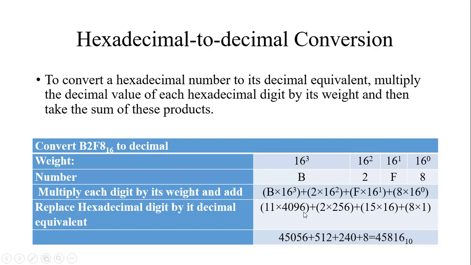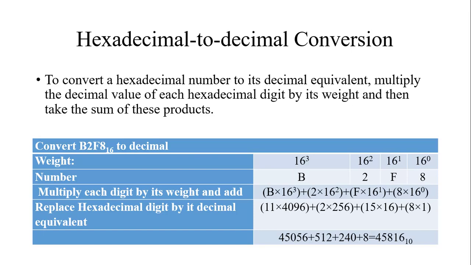So this product is 45056, this product is 512, this product is 240, and this product is 8. Add these terms and we get 45816 in decimal. So this is the equivalent decimal number of the given hexadecimal number.